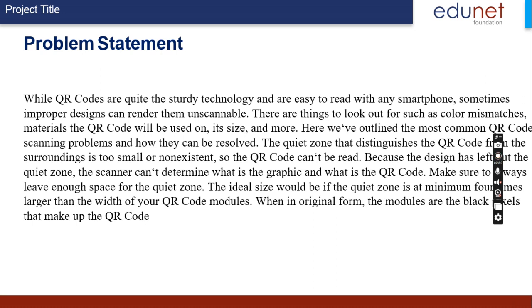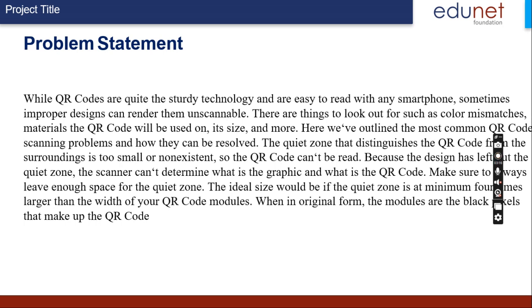The quiet zone that distinguishes the QR code from the surroundings is too small or non-existent. So the QR code can't be read because the design has left out the quiet zone. The scanner can't determine what is the graphic and what is the QR code.